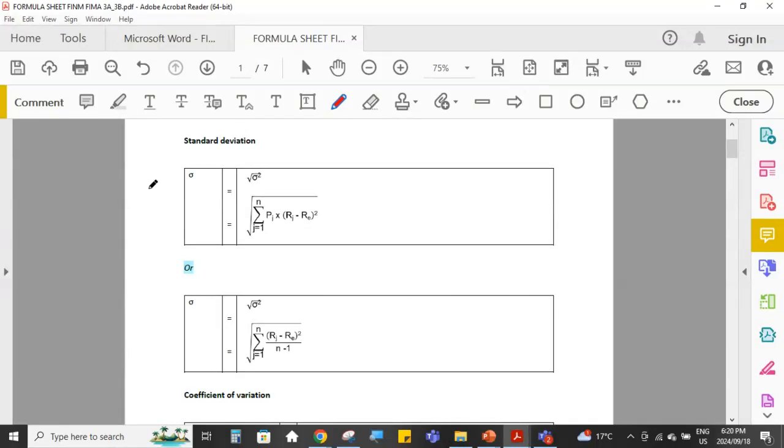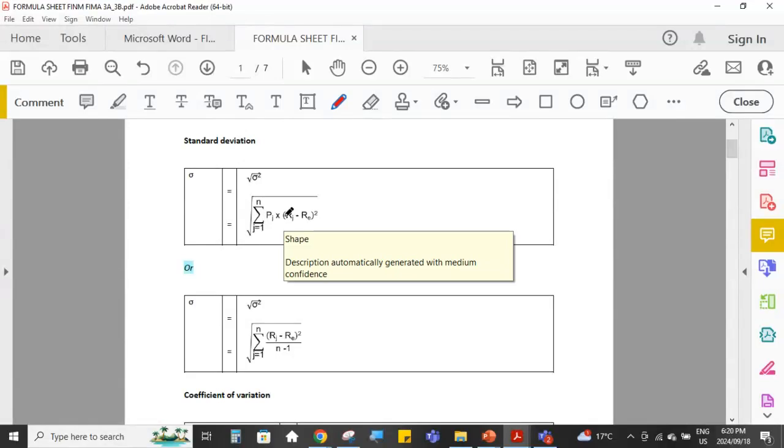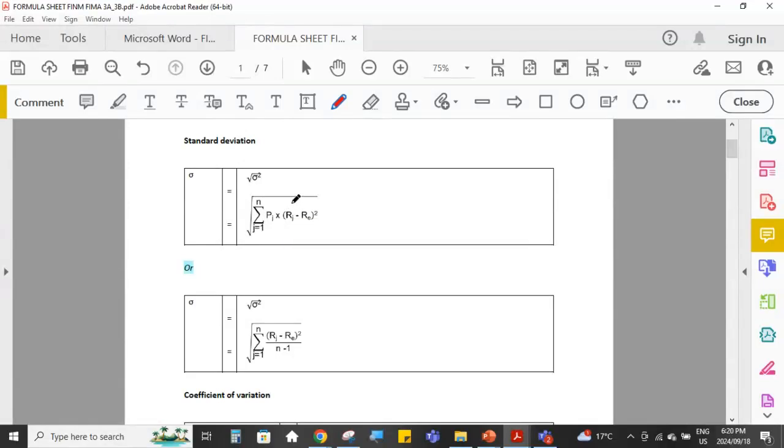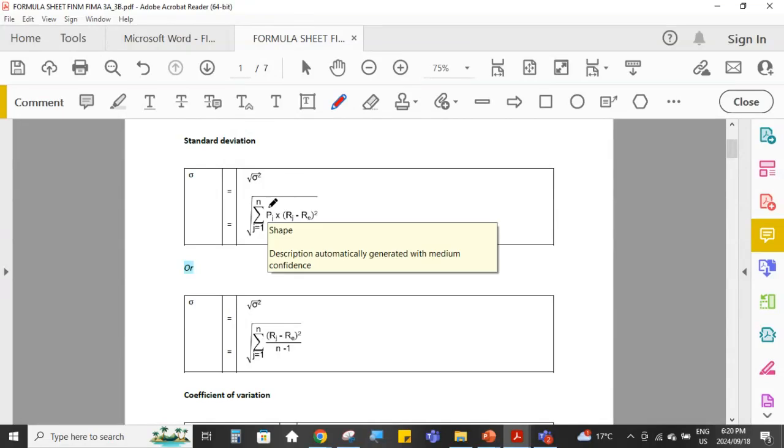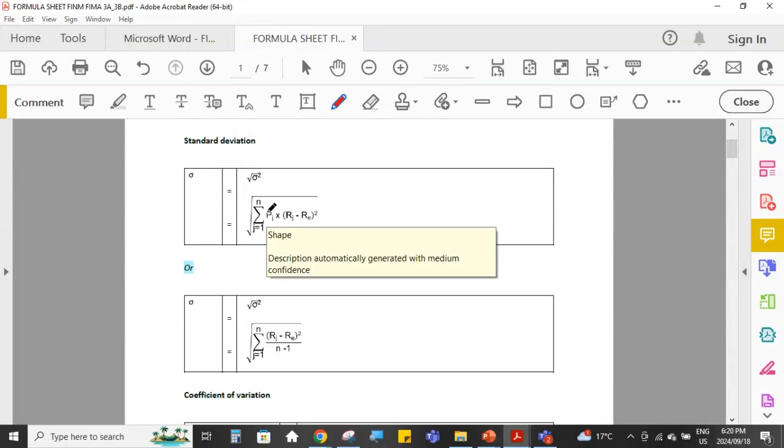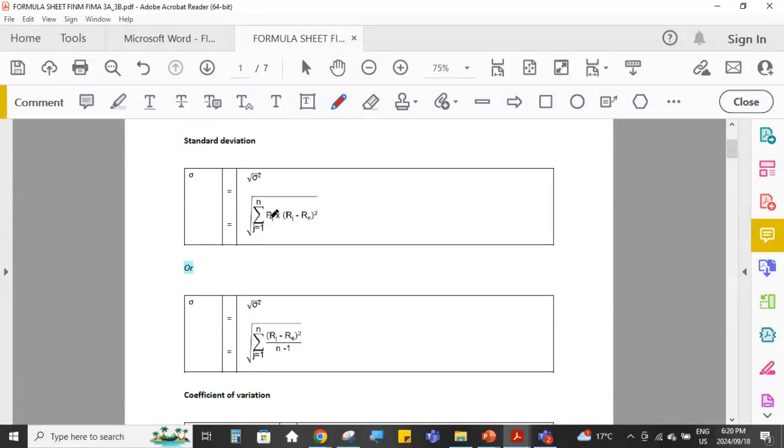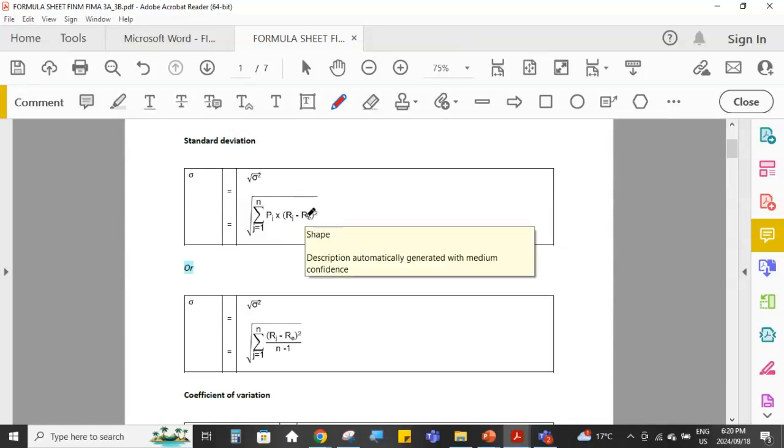And does it matter? Yes, it does matter. If in the question they have given you a probability for each of the possible returns, then you are going to use this formula here that has got PJ in it, because that P stands for the probability of outcome J multiplied by the return of outcome J minus the expected return of the asset squared.